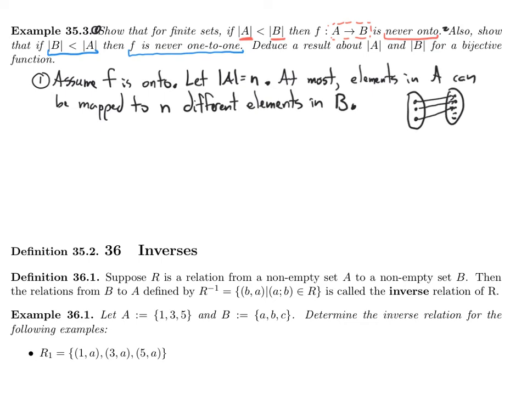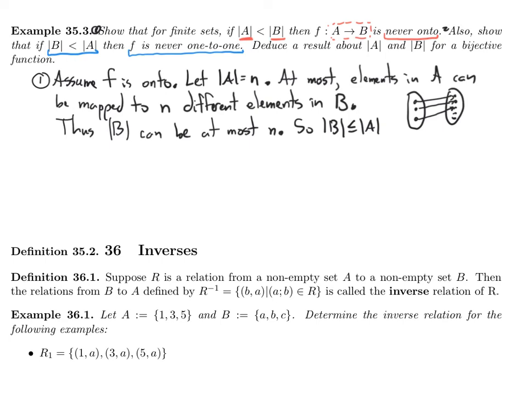We know F is onto, which means that there's no elements that aren't mapped to by something in A. So, this means that the size of B can be, at most, n. So the size of B is less than or equal to the size of A.